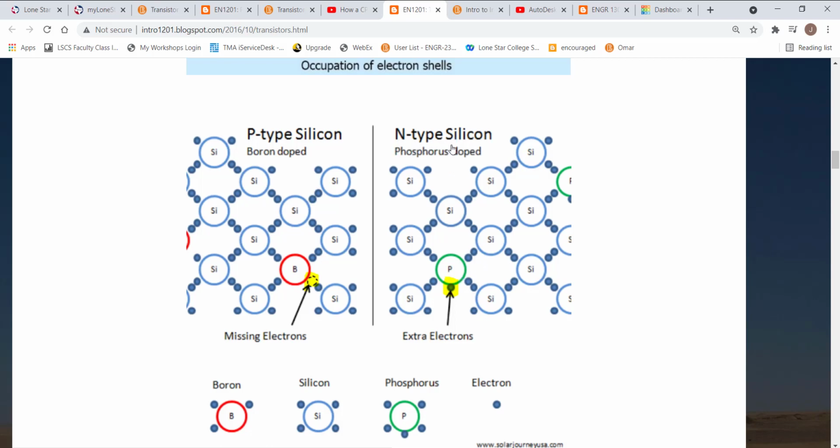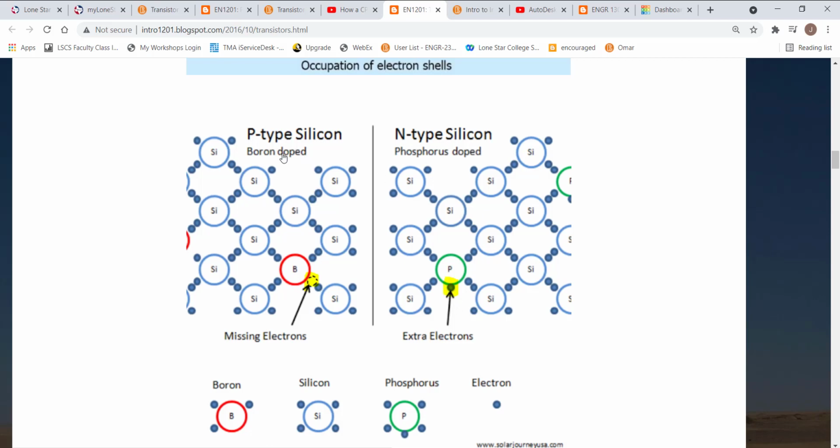This is called an n-type material because it has this extra electron, and it's not really an extra electron. Charge-wise, if you add up the protons and electrons, the charges are actually balanced, but because this electron is not bonded to anything, it's like it's negatively charged. It's going to give up a negative electron here.